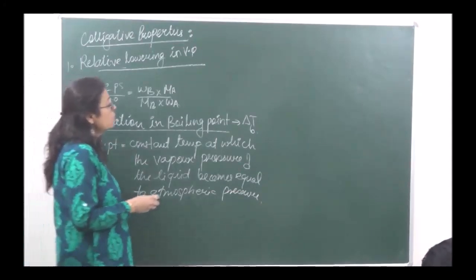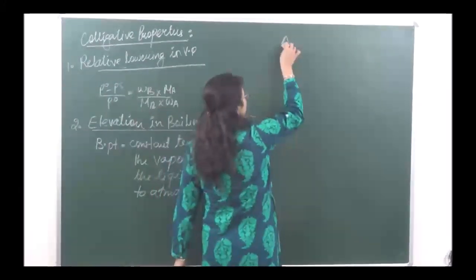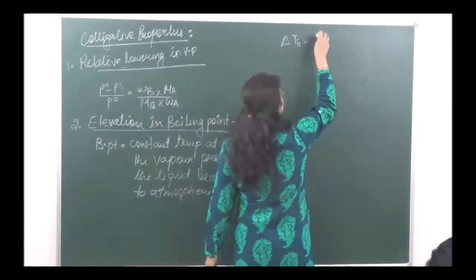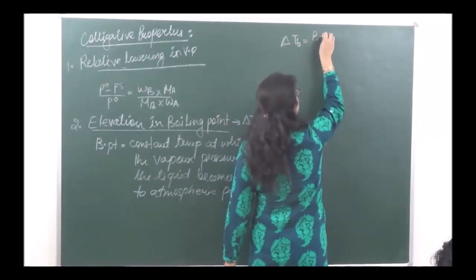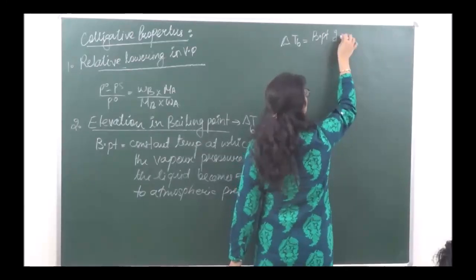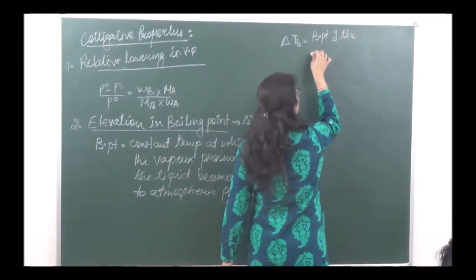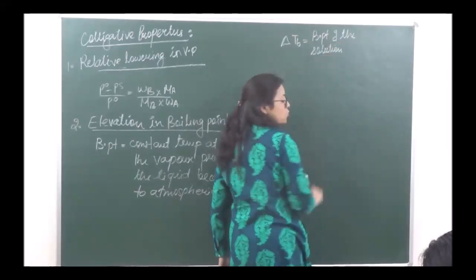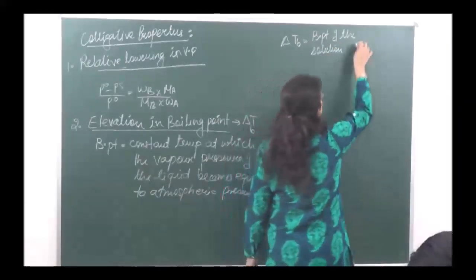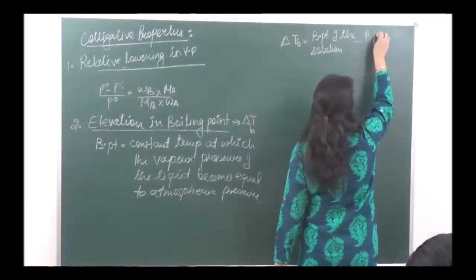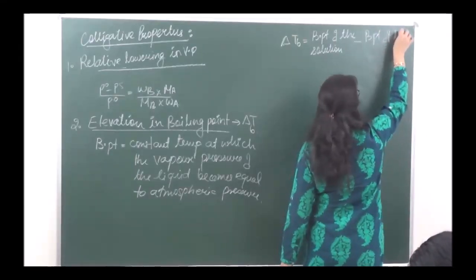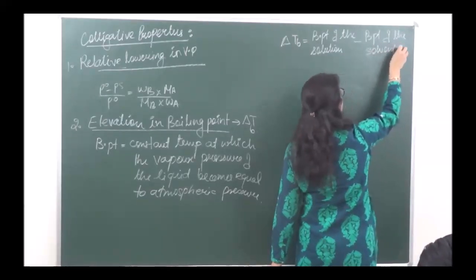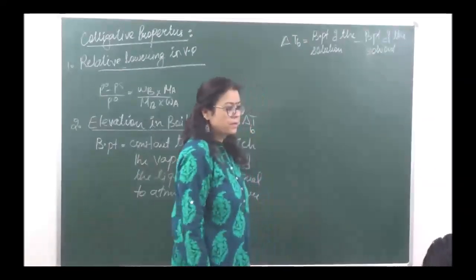Now when we are talking of delta Tb, we say that delta Tb is equal to what? That is equal to the difference between the boiling point of the solution minus the boiling point of the solvent.